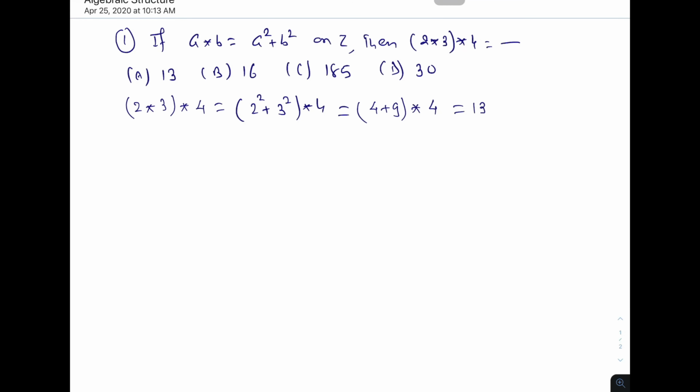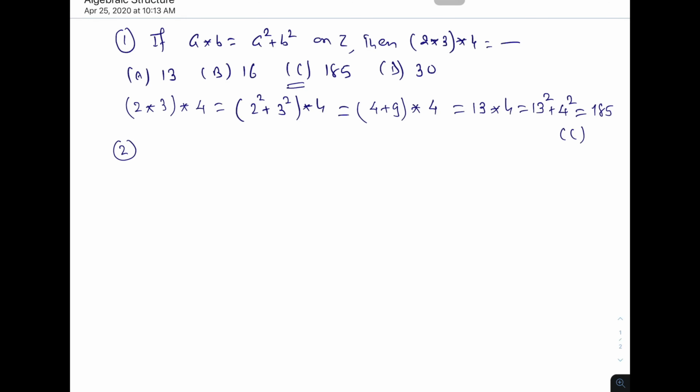So this is 13 star 4, which is 13 square plus 4 square, that is 169 plus 16, which is 185. So the answer is C.